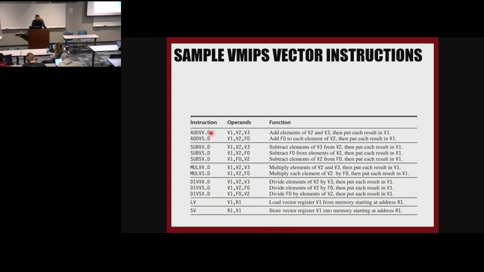It means that it's adding two vectors. We have addvs.d. It means it's adding a vector with a scalar value. It's double precision. So we can have some examples of it. For example, when we have addvv.d v1, v2, v3, v1 is the destination register, v2 and v3 are the source registers, source vectors.